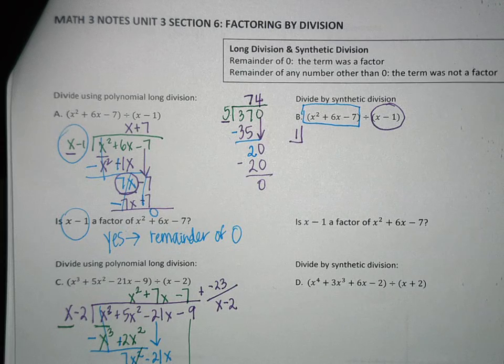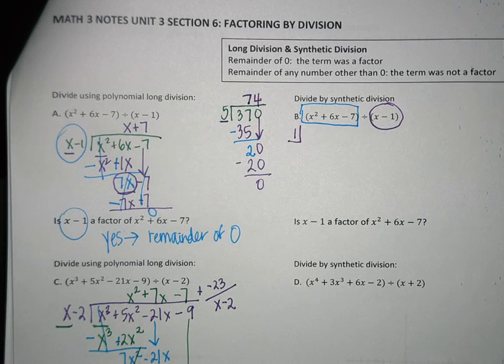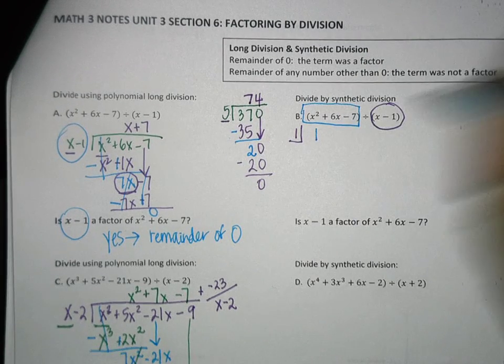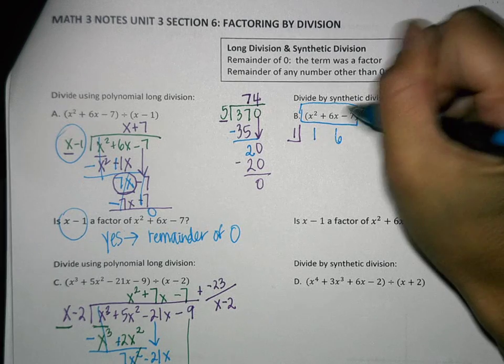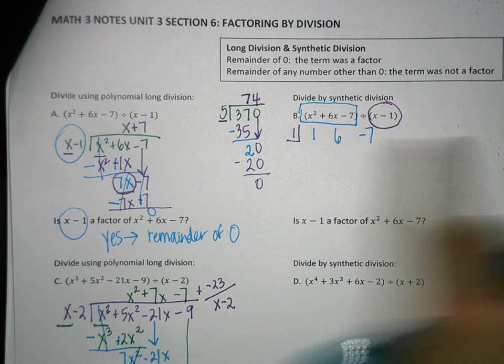If it was missing a plain x term, then you'd add in a 0 for that plain x term. We'll deal with it when we get to it if we have one. Okay, so what's the coefficient on x squared? 1. What is the coefficient on 6x? 6. And then we have negative 7 here at the end. Okay, so is everybody clear on where we got these numbers?